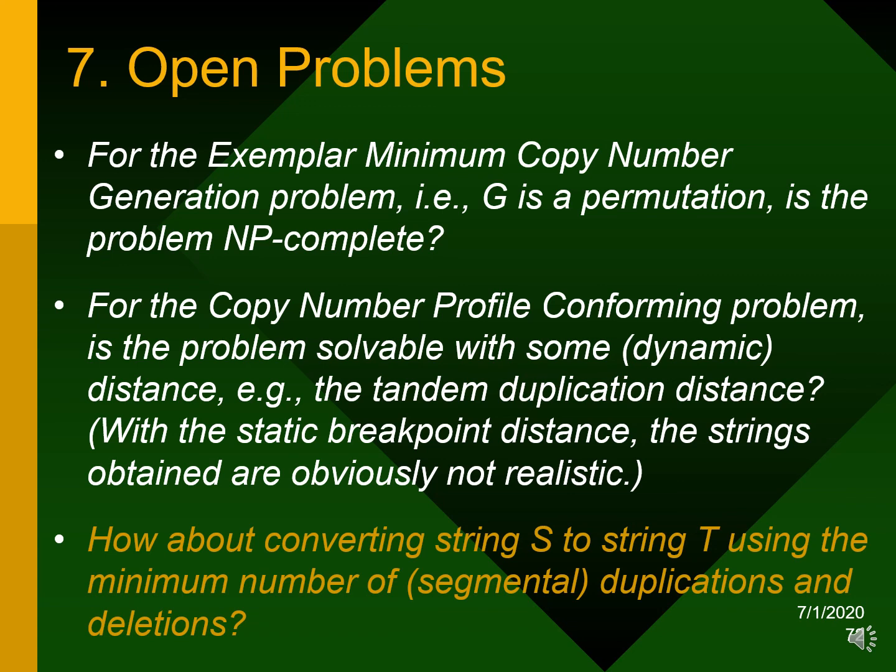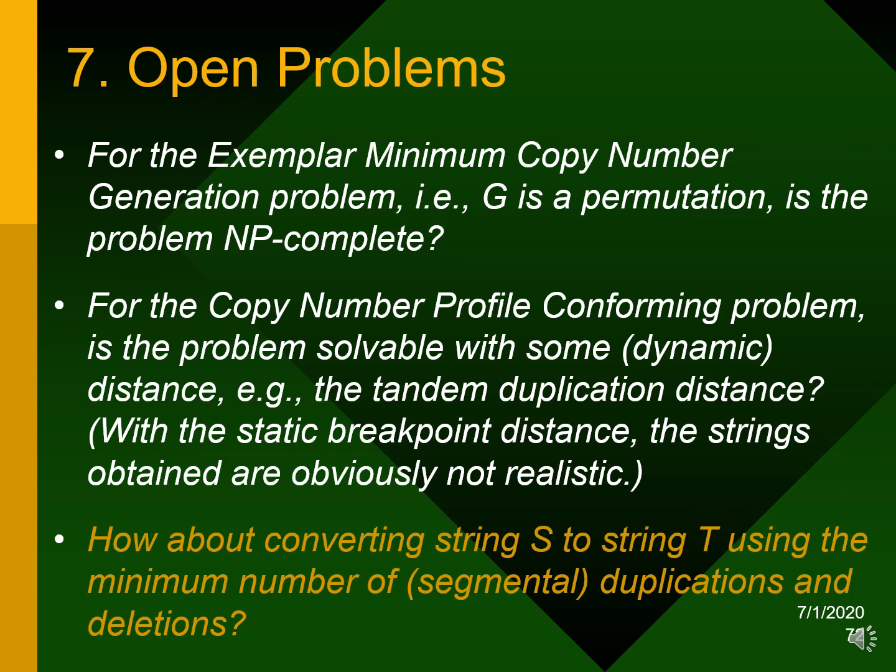This last one, I put it in yellow. This is a question related to duplications and deletions on strings, but it has nothing to do with what I have covered for today. In this case, I want to convert S to T over the same alphabet using the minimum number of tandem segmental duplications and deletions.